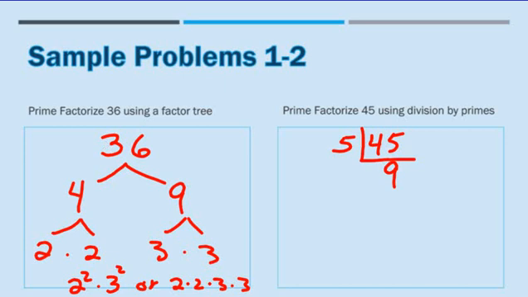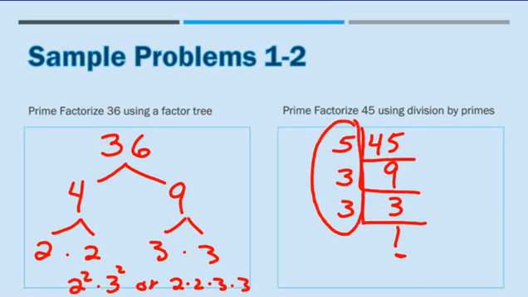And then I can divide this 9 by a prime number, which would be 3. 9 divided by 3 is 3. And I can divide this down by 3 again. 3 divided by 3 is 1. And you want to make sure that you get all the way down to 1 on the bottom. And so my prime factorized numbers would be the ones on the side here. So I can rewrite it as 3 squared times 5, or I can write it as 3 times 3 times 5.